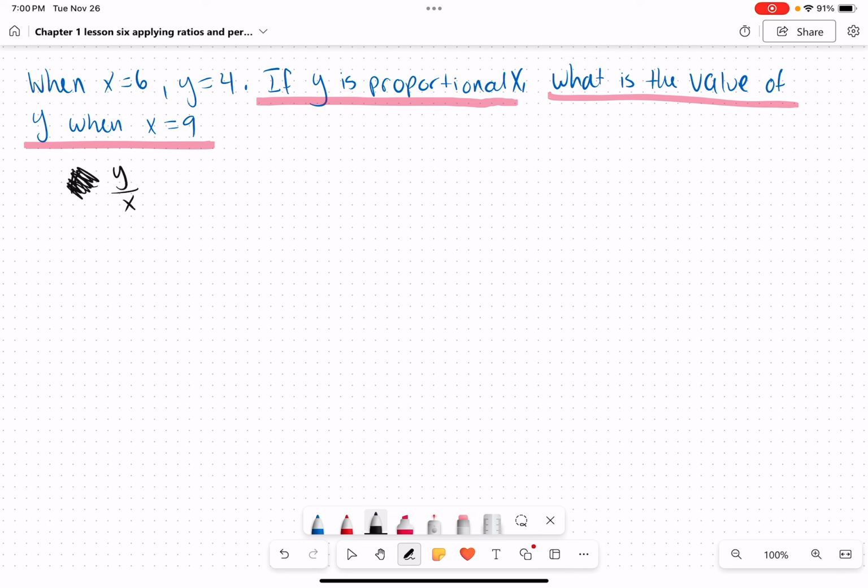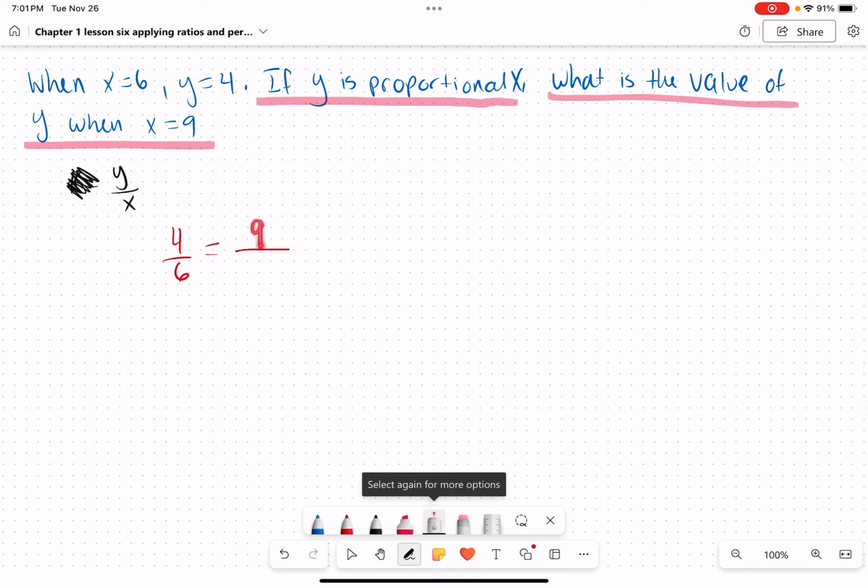We are given two values at the beginning of the problem: y is equal to 4 and x is equal to 6. Knowing that they're proportional, we can rewrite that as 4 over 6. We are given another value, 9. Where's 9 going to go?